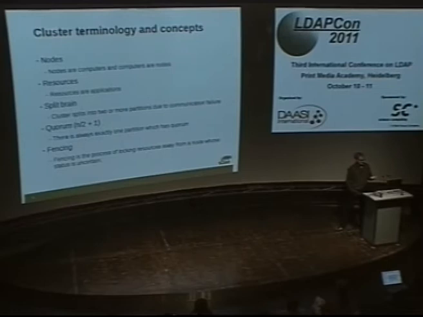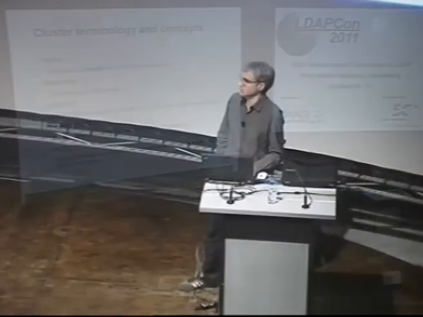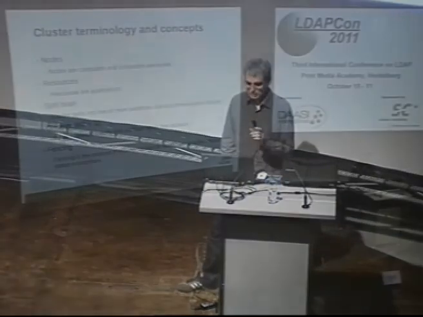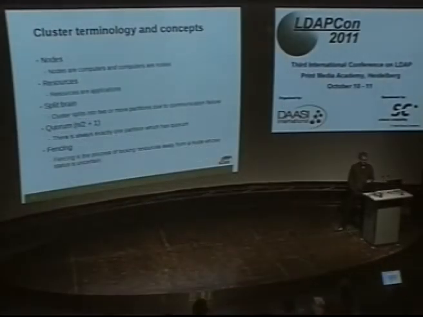Then there's a split brain scenario. In a high availability cluster, the nodes rely heavily on communication. It's very important that there's a working communication link between all the nodes. If communication between the nodes fails, you have the split brain scenario, and the cluster has to recover from that somehow.